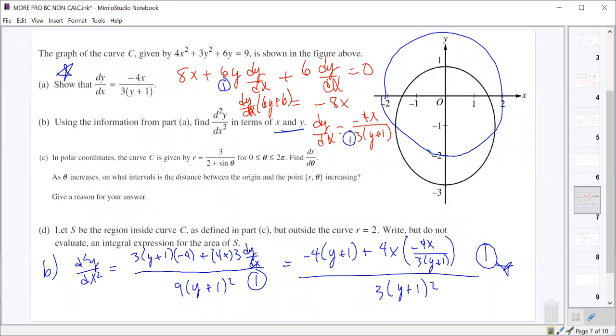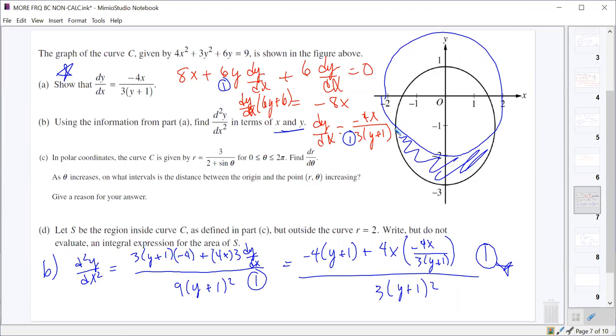So we're outside of r equals 2, but we are inside of 3 over 2 plus sine theta. So outside there, inside here, we're talking about this region right here. We don't need to evaluate, we want to write an expression that gives us that area.